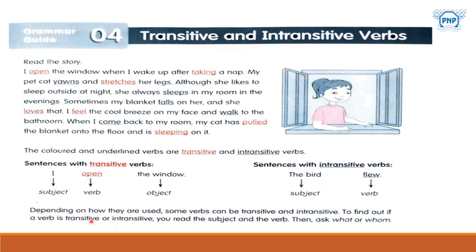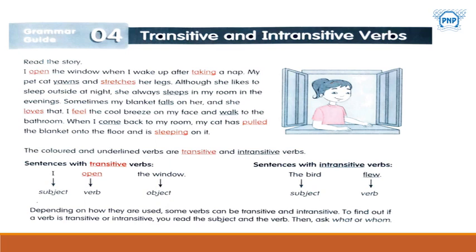Depending on how they are used, some verbs can be transitive and intransitive. To find out if a verb is transitive or intransitive, you read the subject and the verb, then ask what or whom. Okay, so let's check how to do that to understand transitive and intransitive verbs.